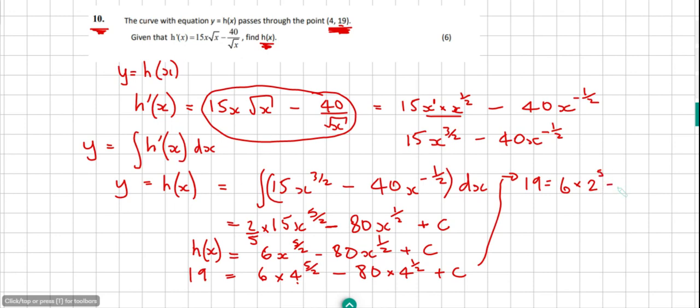And then we have minus 80 times the square root of 4, which is obviously 2. And then it's plus the c, which is what we're trying to work out. So we're going to tidy it up again. We've got 19 equals, so 2 to the power 5 is 32. So 6 times 32, minus 160, and then plus the c.